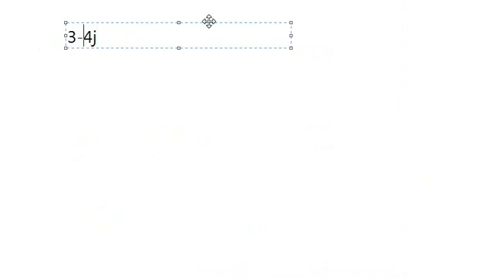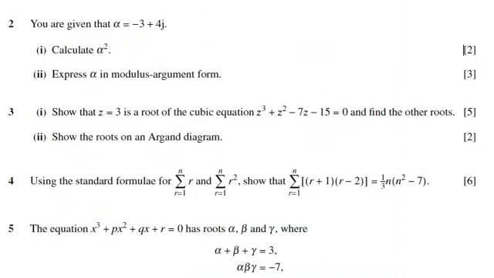Nope, it's 3 plus 4j. I got the signs messed up, which is typical. Now alpha squared means we need to square this imaginary number, and if you square an imaginary number, you get another imaginary number.